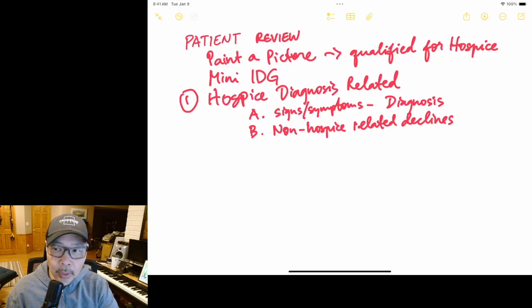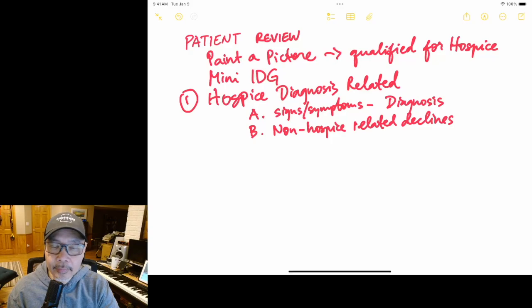He's not short of breath at rest, but he does need to sit up and has more orthopnea when he sleeps. So you have to go through the gamut of addressing all the hospice diagnosis related symptoms first, and then explain what interventions you're doing, and then explain if they're effective or not, and then going from there.